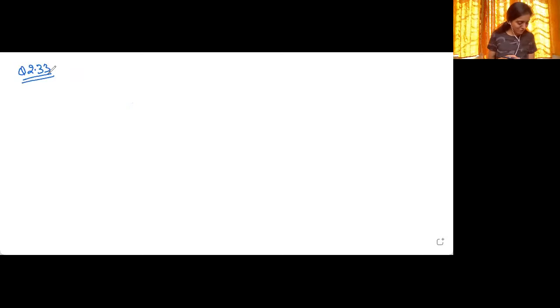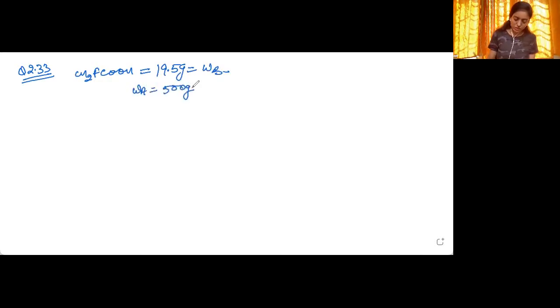All right, so the next question is: 19.5 gram of fluoroacetic acid, we can say it is WB, is dissolved in 500 gram of water, so WA is equal to 500 gram.